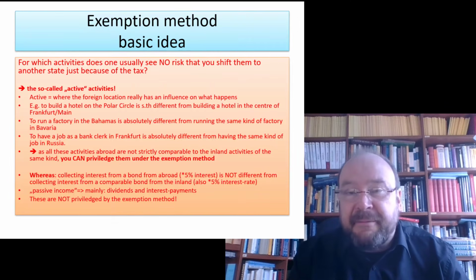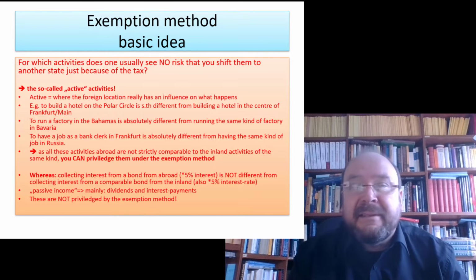Now you will ask yourself, is there at least one activity in the world where you can say the gross profit is independent of the location? And yes, there is, because interest is usually only dependent on the currency in which it is paid, the individual risk of the debtor, and nothing else.